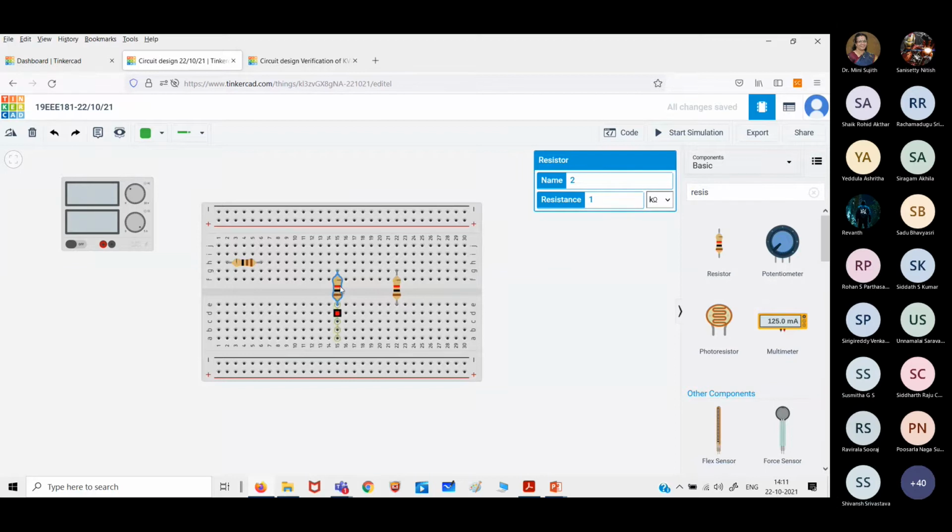Whether you need to place it vertically or horizontally is completely up to you. But if vertically you will place it this way, the entire resistor is short, no? And also you cannot give other supply. That is why I prefer to rotate it so that we are having more positions for connections like this. Okay?